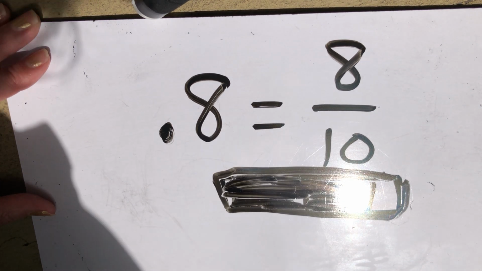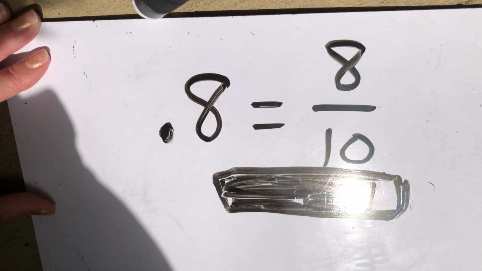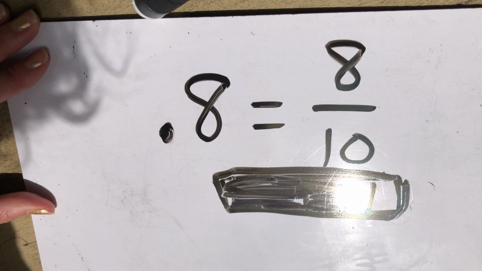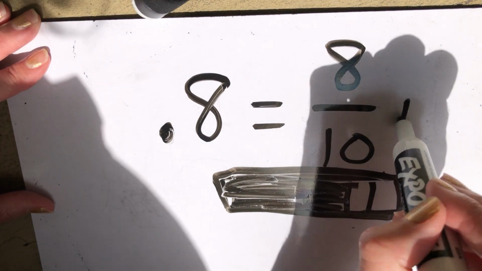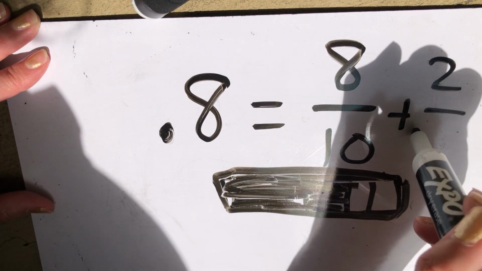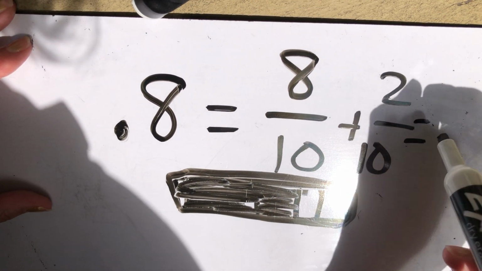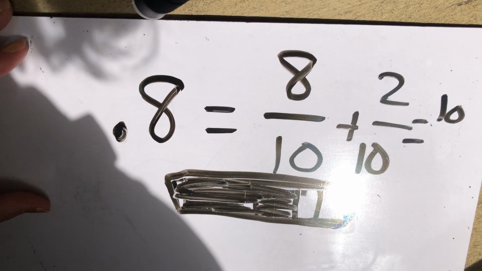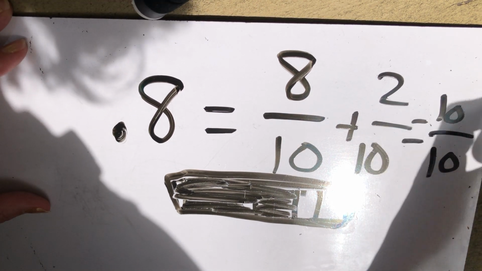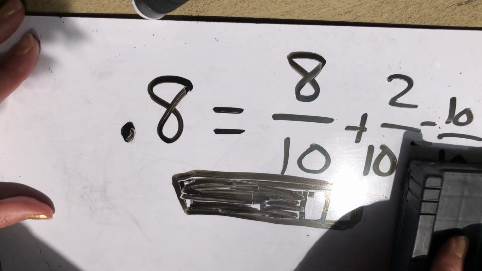So how many pieces are not shaded in? It'd be 2/10. So if you wanted to add that back, 2/10 plus 8/10 would equal 10/10, which equals a whole. So that would be 1 whole rod.